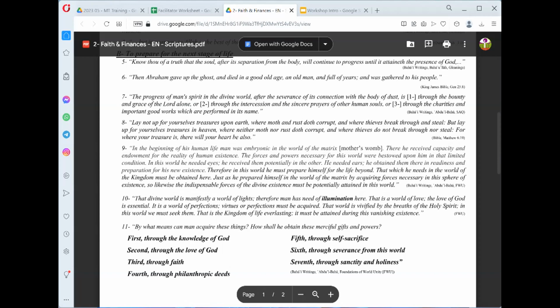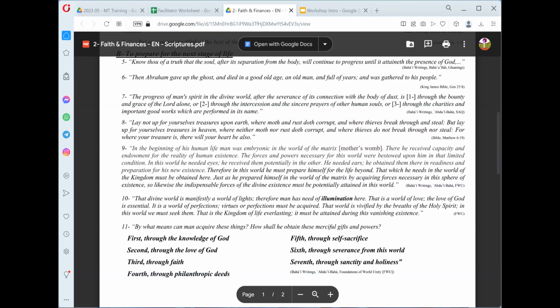Okay. Know thou of a truth that the soul, after its separation from the body, will continue to progress until it attaineth the presence of God. That's Baha'i writings from the Gleanings. 6.